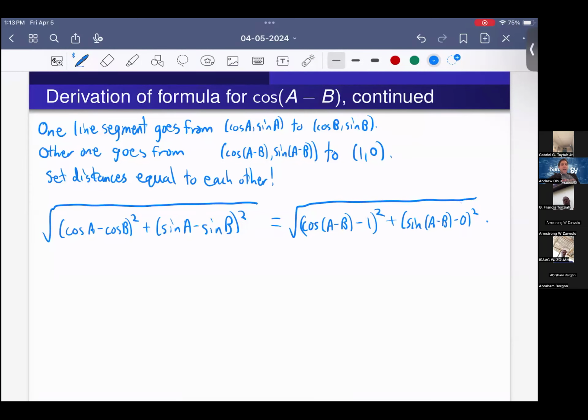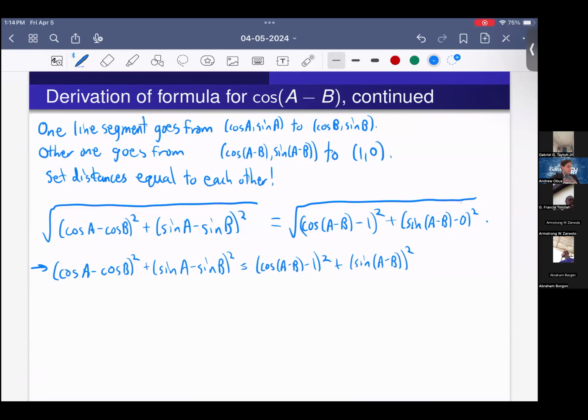Now the rest is algebra, and we're just going to get the identity. First, we can square both sides to get rid of the square roots. So (cos A minus cos B) squared plus (sin A minus sin B) squared equals (cosine of A minus B minus 1) squared plus sine squared of A minus B. Now let me expand out all of the squares.